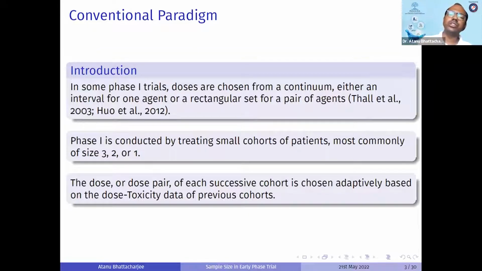And for the doses, dose pairs, each successive cohort is chosen adaptively based on the dose toxicities observed in the previous cohort. So you have to start the study somewhere. It's not that you always have the data, but if you have suitable data from other studies or earlier trials, that can be taken further, and it can help you to some extent to decide your starting dose.